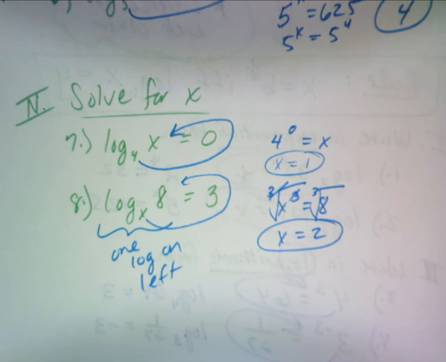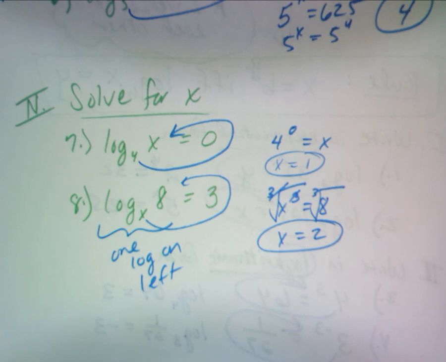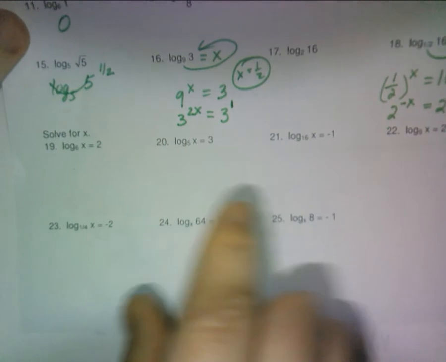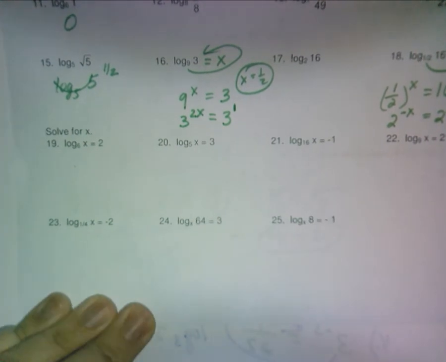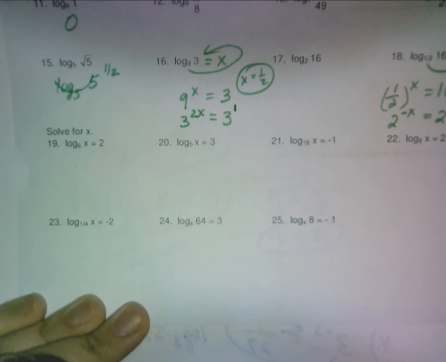So whenever you're dealing with logs, you try to get 1 log on the left and then zoop. If we have multiple logs, which you'll see tomorrow in the video, you try to get 1 log equal to 1 log. That's really the best goal. So now try 19 through 25. That's that lovely section right there. And then you're almost done with your work from home.